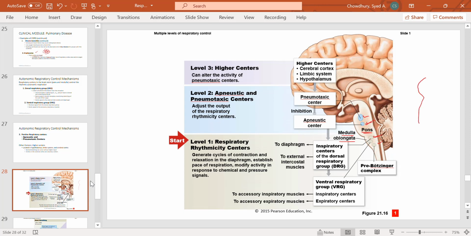So this is the pons and this is the medulla, and in your pons you have the pontine respiratory center. And in your medulla you have two groups: this is the front, the ventral respiratory group, and this is the dorsal respiratory group. Okay, so these centers regulate your normal rhythmic breathing.